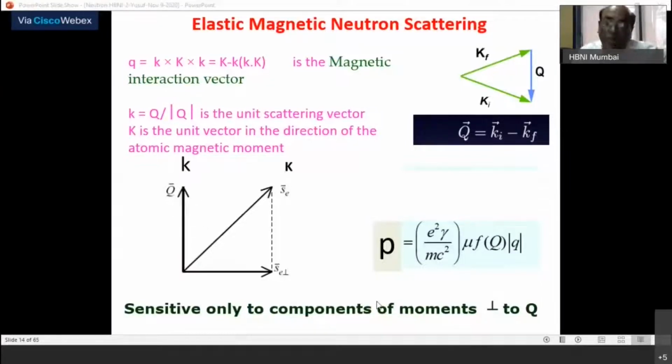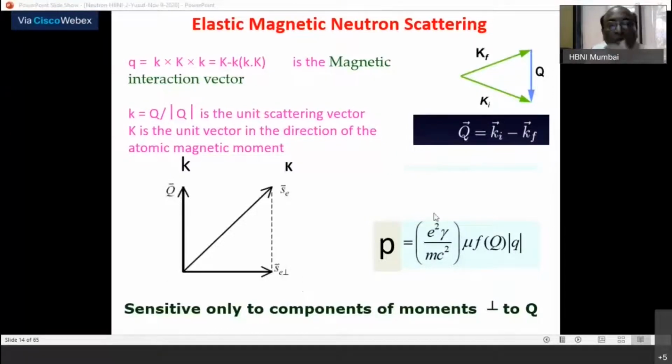But then you have no control over that from outside. The fact is that from the inherent theory of magnetic neutron scattering, only the perpendicular component comes. Now you can play with this perpendicular component. How do we do that? You can apply a magnetic field, and then you can rotate this direction by some means. So it is a handling parameter. That is the advantage, rather, not a disadvantage.